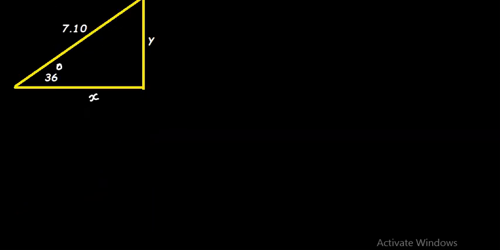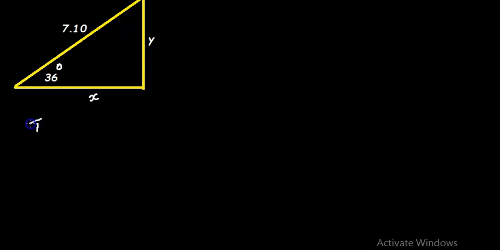The tangent of an angle in a right angle triangle is equal to the ratio of the length of the opposite side to the length of the adjacent side. We are given the opposite here to be y and the adjacent here to be x, and we are given our angle here, which is 36 degrees. And we said we are going to use the tangent function to solve this problem.